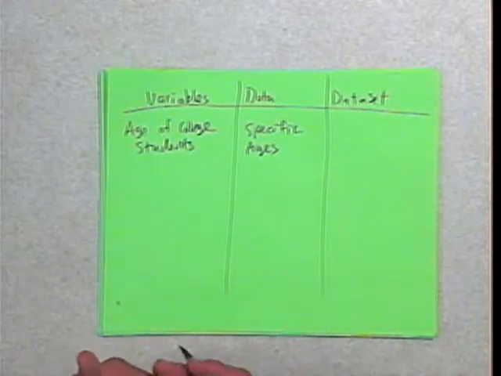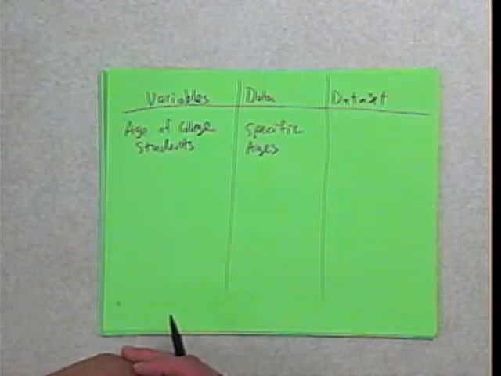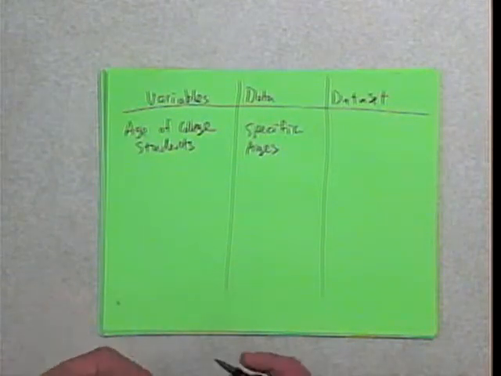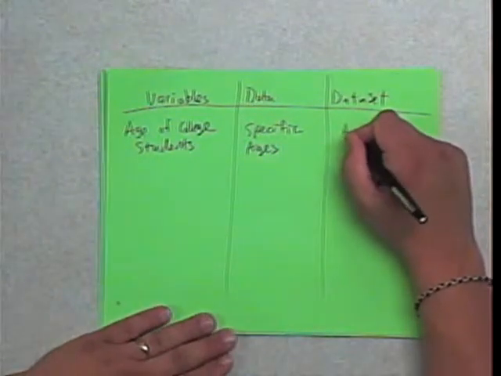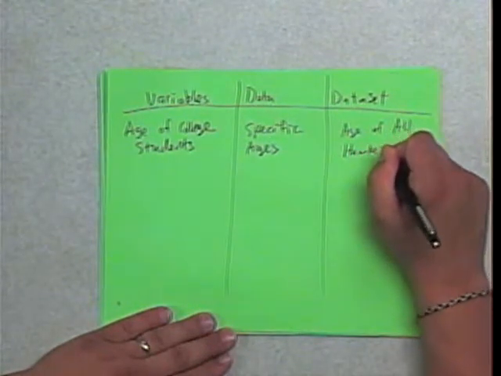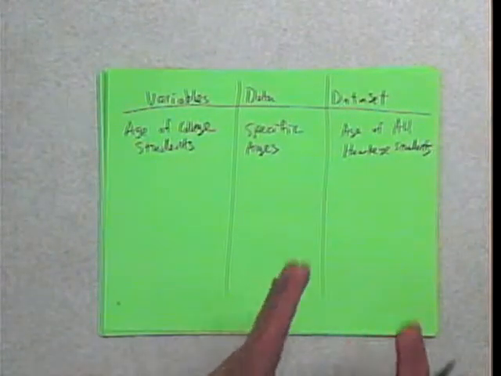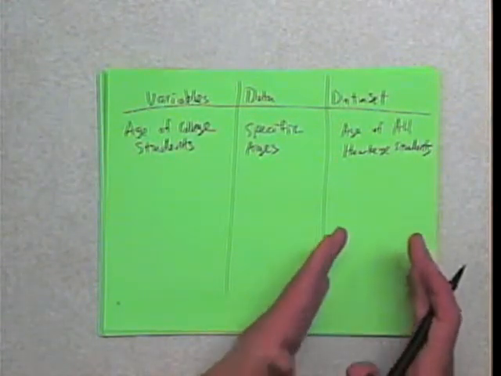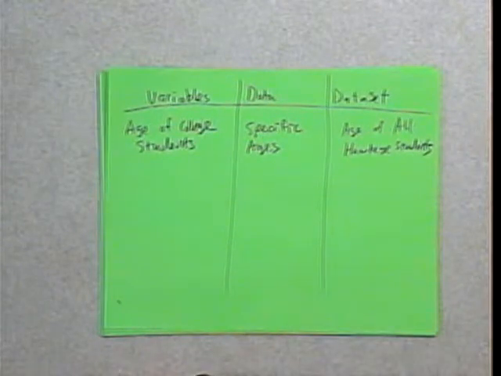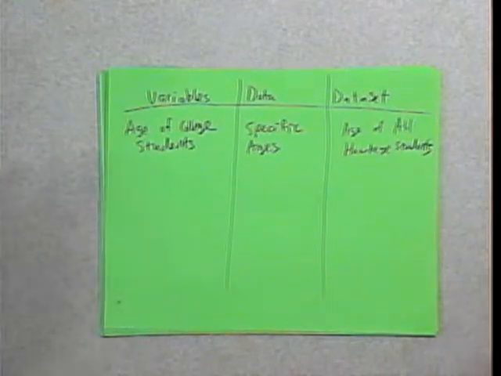Now a data set is just going to be a set of data. They're just related observations. For example, I might want the age of all Hawkeye students. Now I've specified what particular data I'm interested in. And if I go to each college student and I collect their age, and I do it for all Hawkeye students, then I get this big data set.